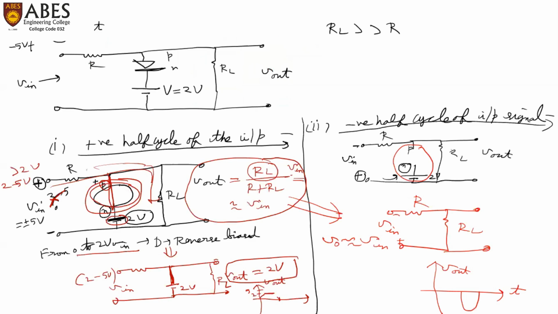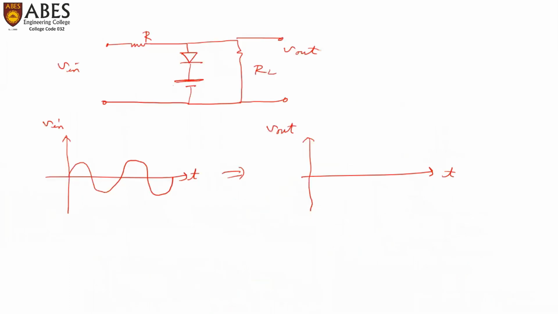for two cases. One is when input is having a negative half cycle, and the other is for positive half cycle when the input is less than the battery potential, right?